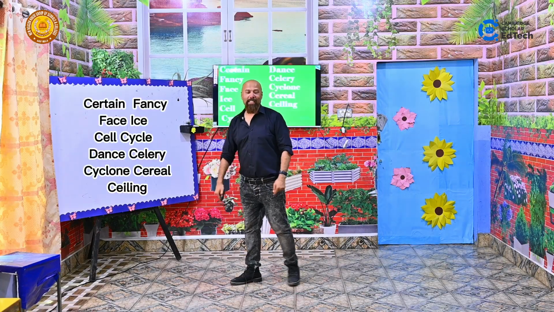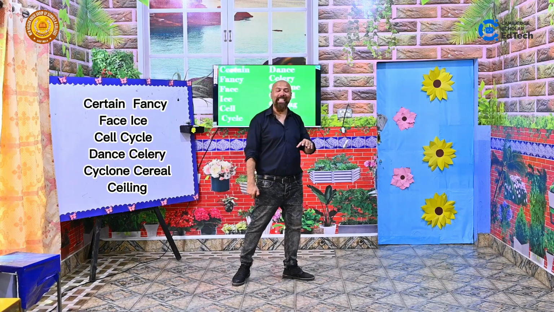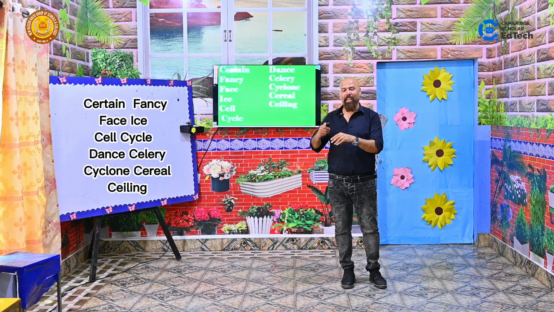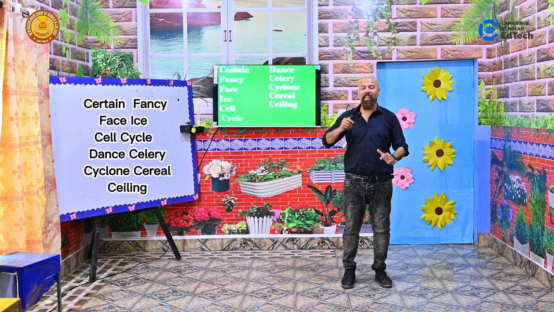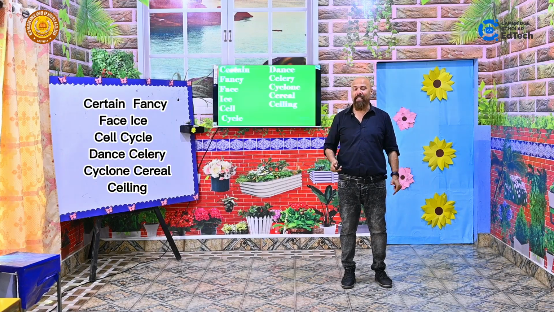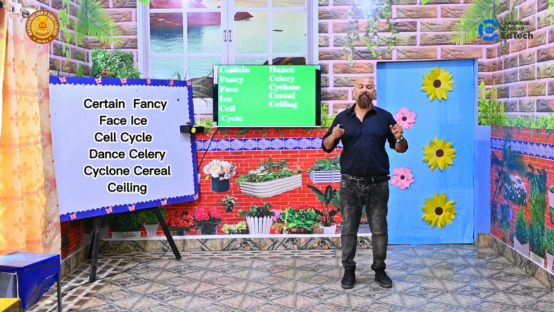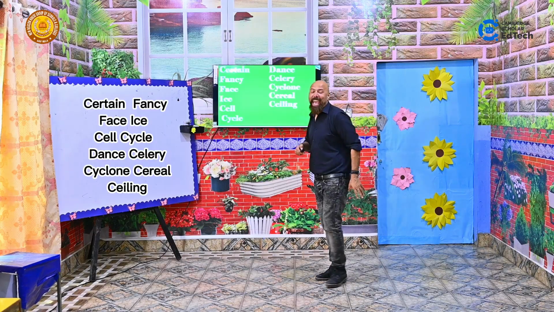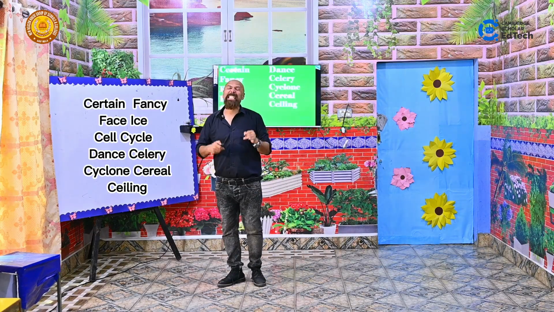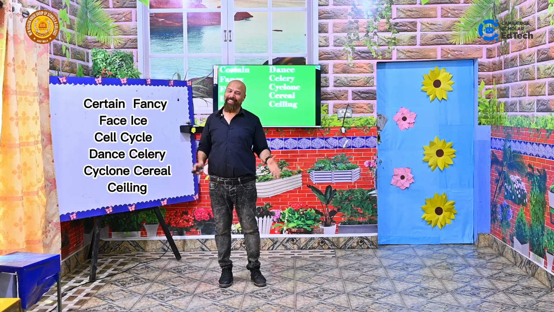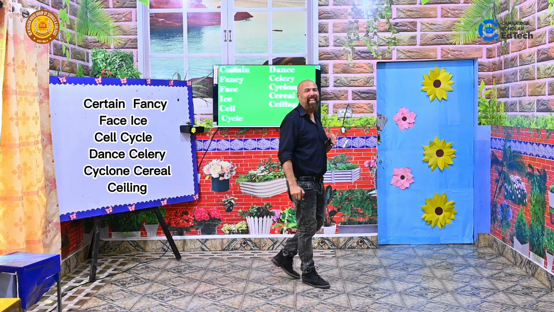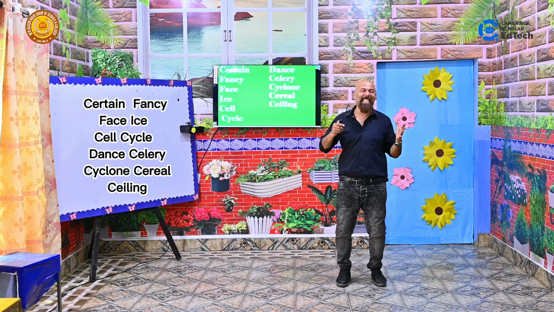Circus. Okay, let's have some more practice. Certain, fancy. In fancy, after C there is a Y sound, so we call it fancy. Or we have the words face, eyes, cell, and cycle. The first C, following Y, is an S sound.